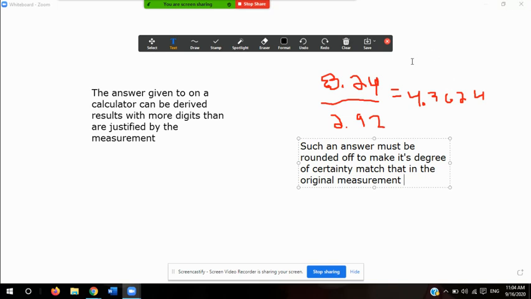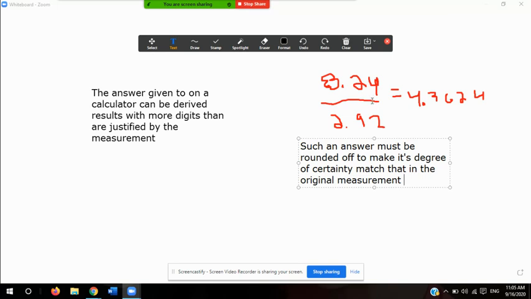I chose division randomly, but it could happen with addition as well.